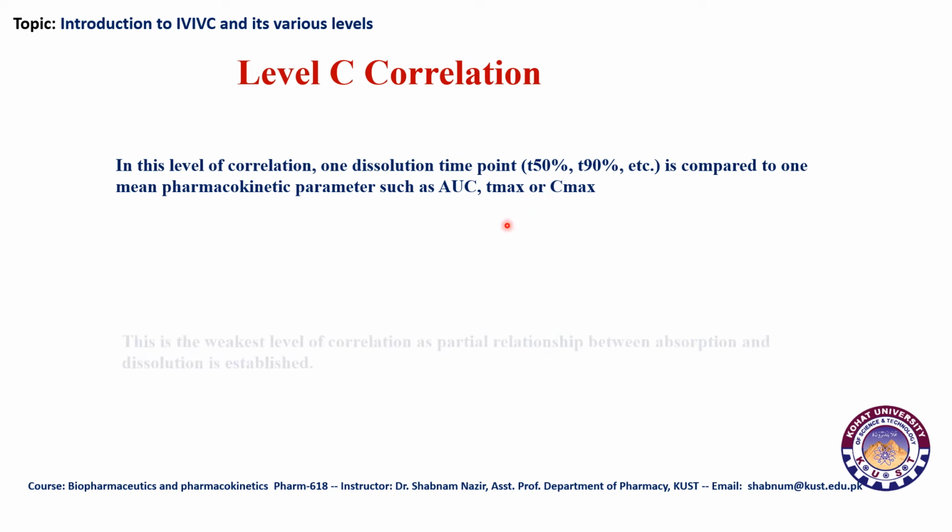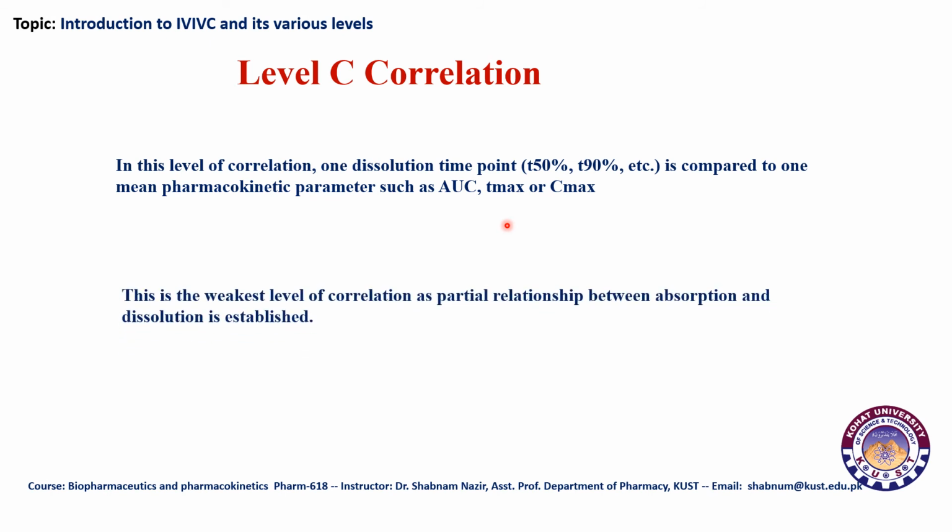So what we see is that this is the weakest level of correlation, as only a partial relationship between absorption and dissolution is established, as we can see that the dissolution time points at which a certain percentage dissolution has occurred are being compared to a parameter which obviously has no direct link with that. So this is a partial relationship. If I explain it a little further, in level A correlation, point-to-point correlation is observed, while in level B mean values are being compared with each other.